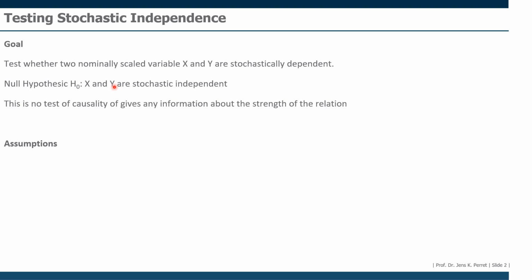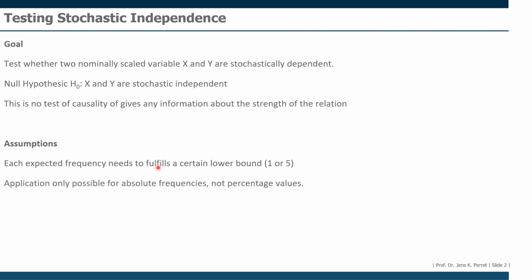Well, we have some basic assumptions which need to be fulfilled. First off, each expected frequency needs to fulfill a certain lower bound, so expected frequencies need to be at least of a certain value. Usually we say it should be at least 1 or 5.